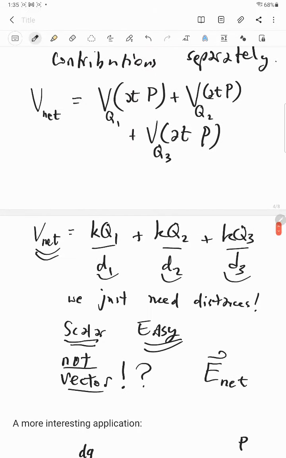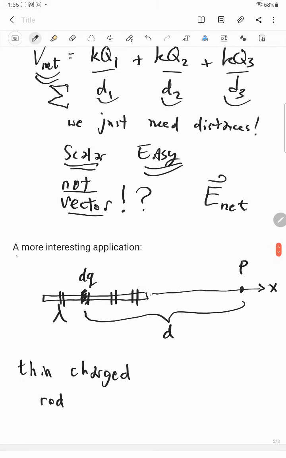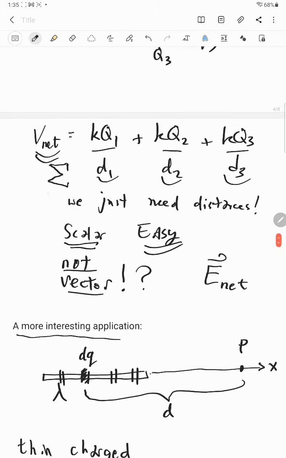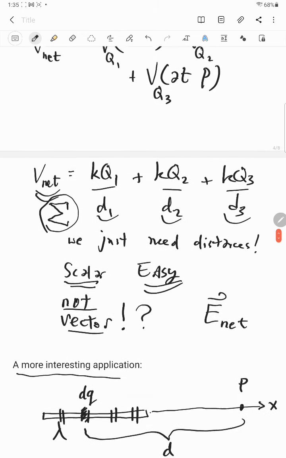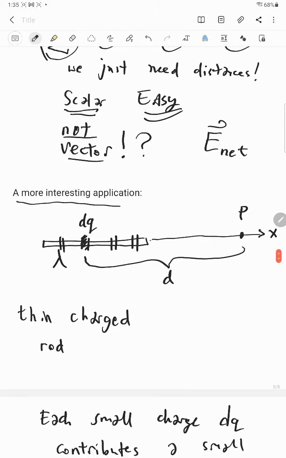Can you see this is the summation? But then I told you, if you can imagine it in terms of a summation over points, we can update it to using calculus.